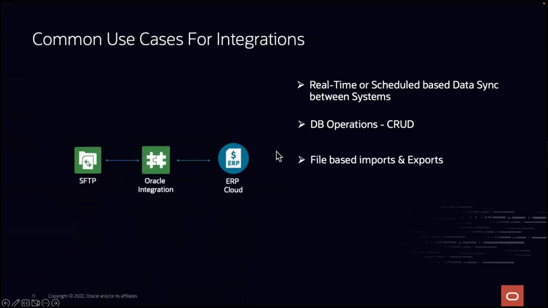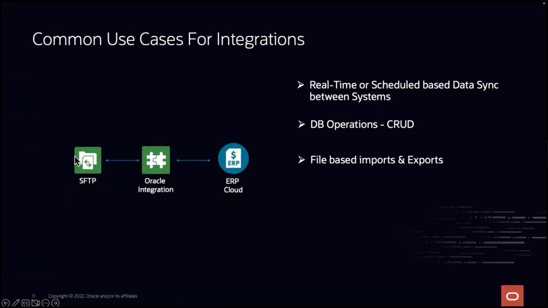And lastly, another common use case is file-based import and export, some of which we will be looking at today. The demo we have today is about reading files and processing those files, but this is a very common use case as well.